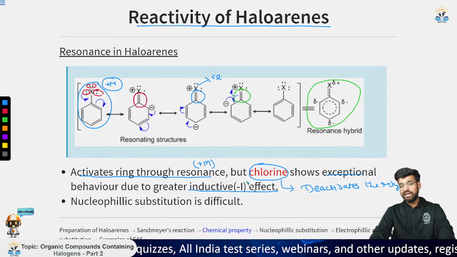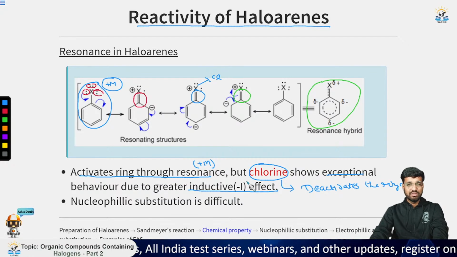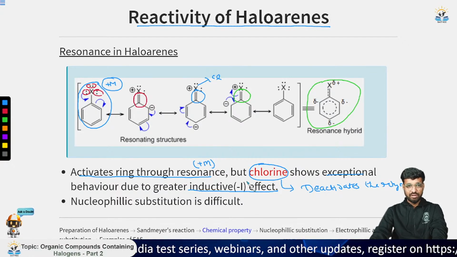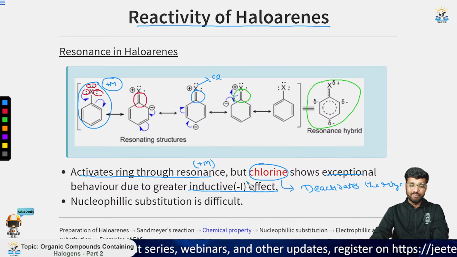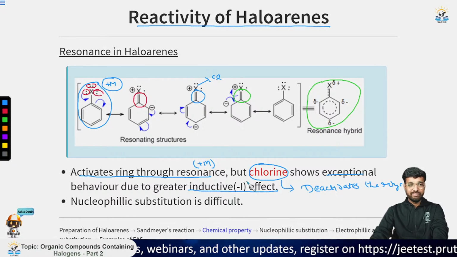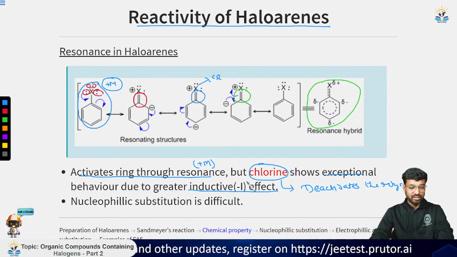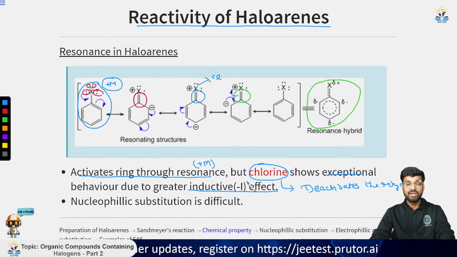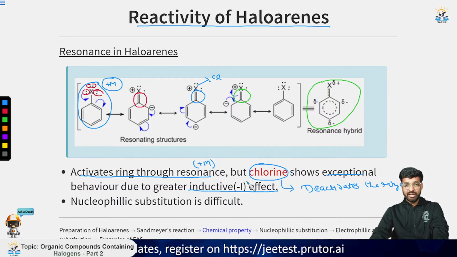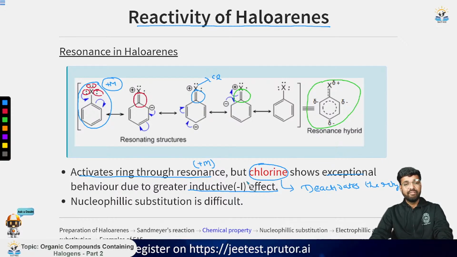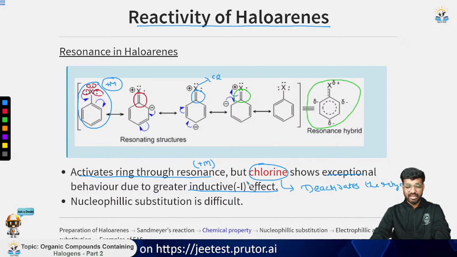As they are donating electrons through resonance, they are also attracting electrons due to their greater electronegativity than carbon. So there is an inductive effect. But if you consider fluorine, which is more electronegative than chlorine, instead of deactivating the group despite having a greater minus I effect, it activates the group.